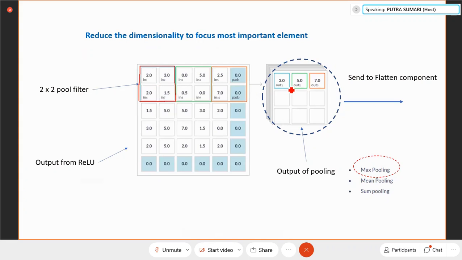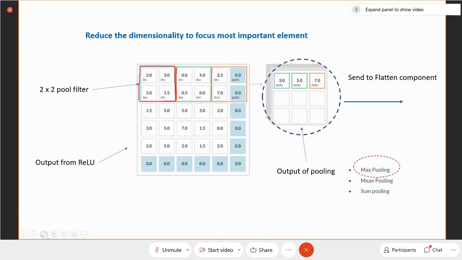And then in this case, 3. I take the maximum. So this is called a maximum filter. We have 2, 0, 3. So when I move this filter here, take the maximum. So 3 is the maximum. Put 3 there. Okay. So move to the next one. You cannot overlap.